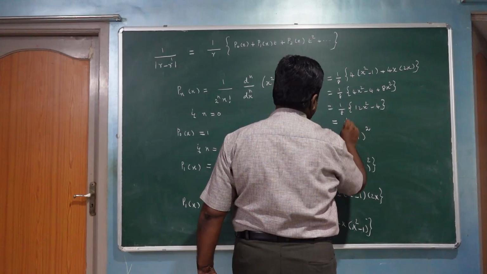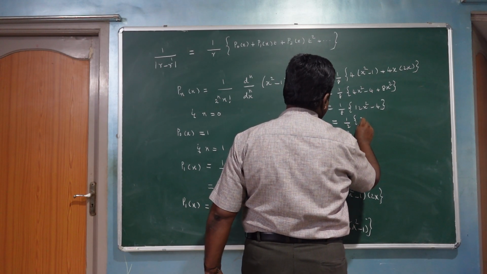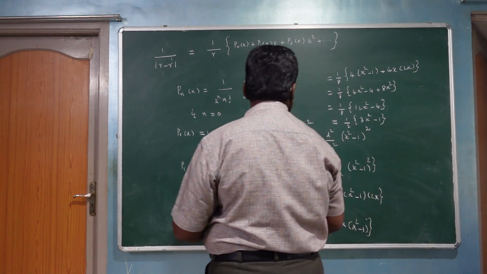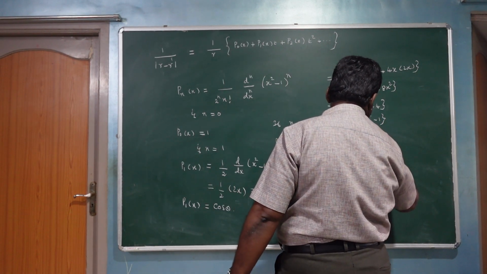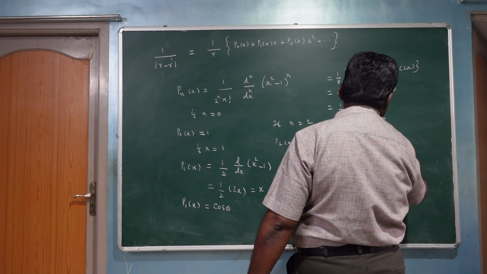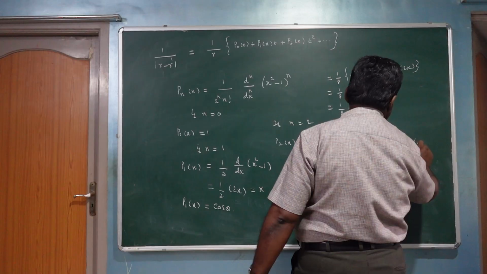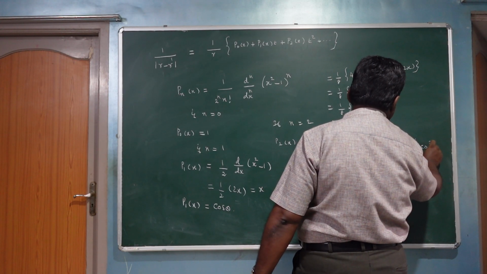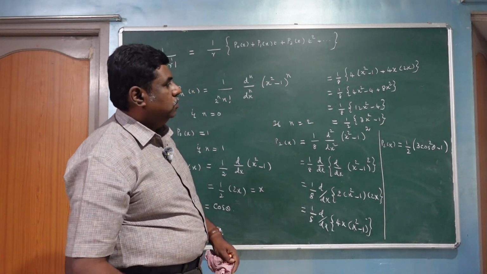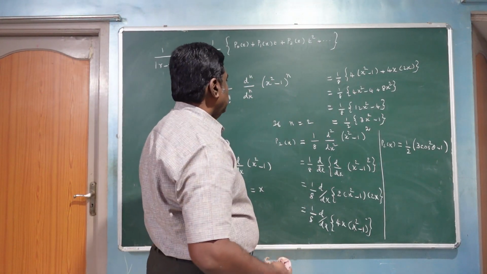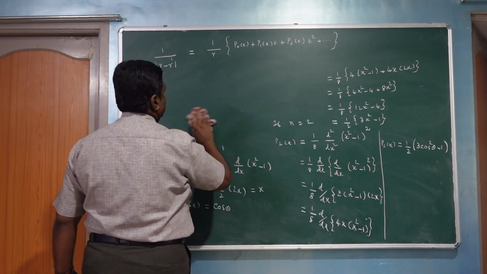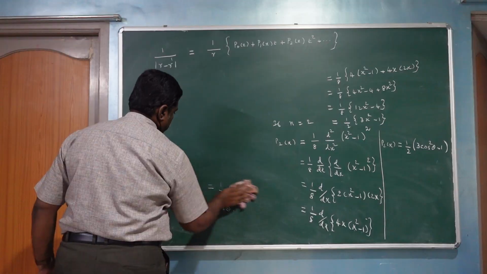If you simplify this, you can get 1 by 2 into (3x square minus 1). Then P2 of x equal to 1 by 2 into (3 cos square theta minus 1), because x is cos theta, so x square is cos square theta. So these are all the values of P0 of x, P1 of x and P2 of x.